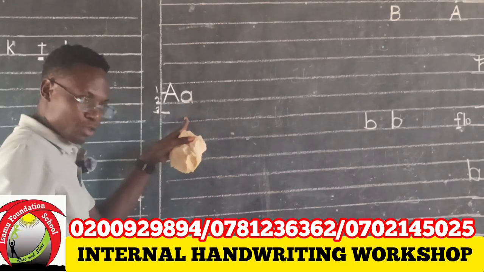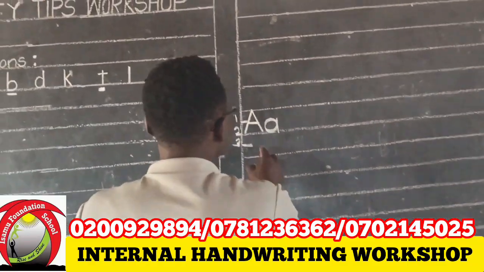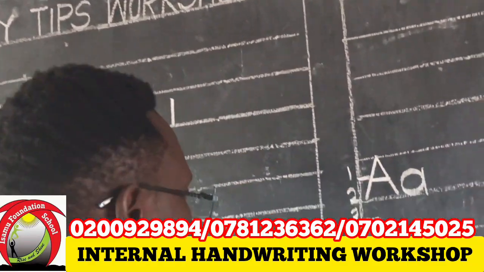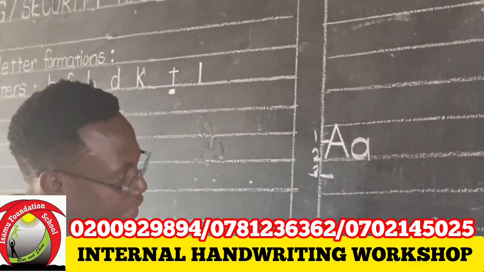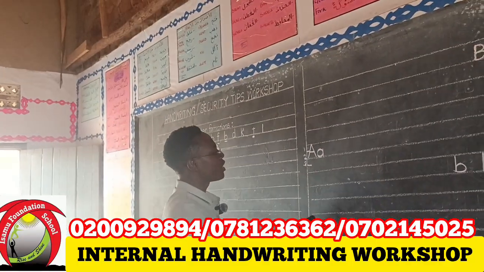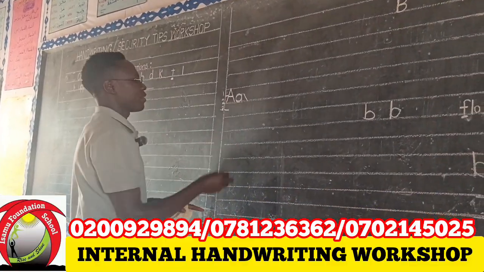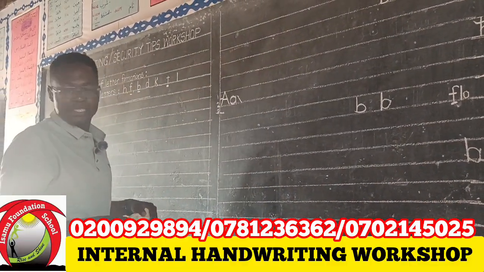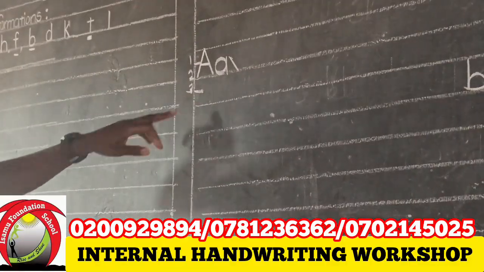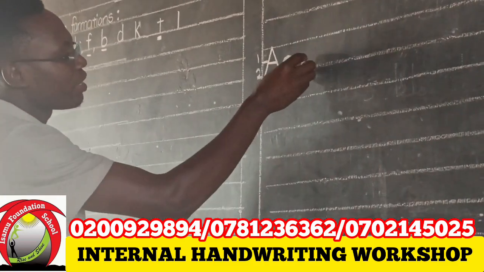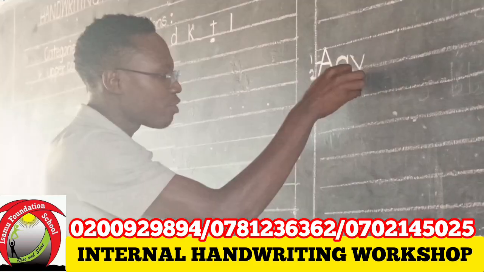Like if we go to letter Y, that one goes down exactly. We have a slanting line, and it attaches again to the lower part, which is number 3, a slanting straight line exactly where the line is.